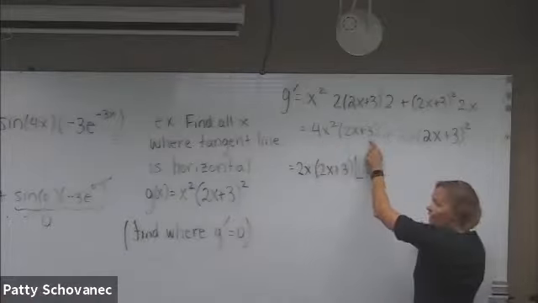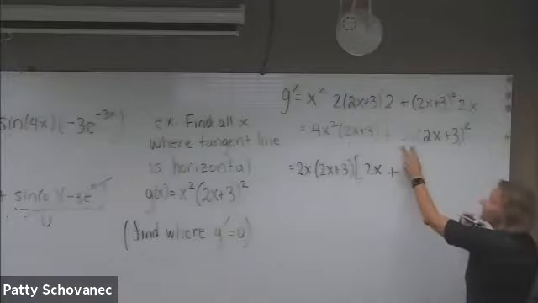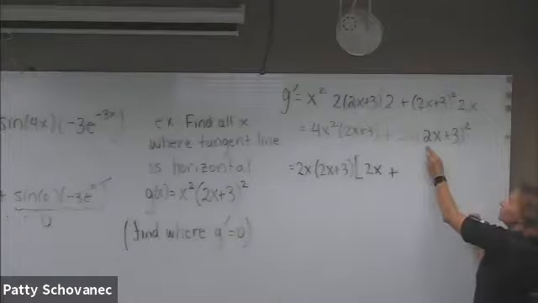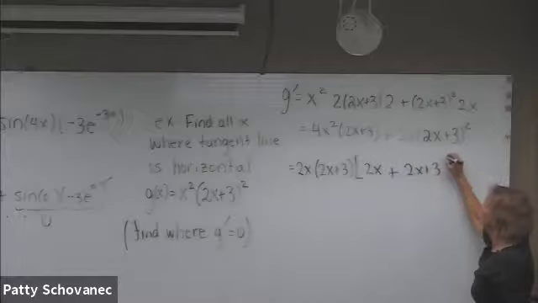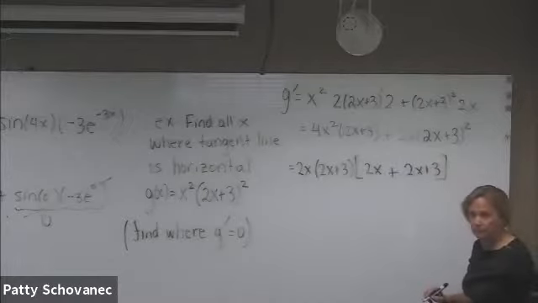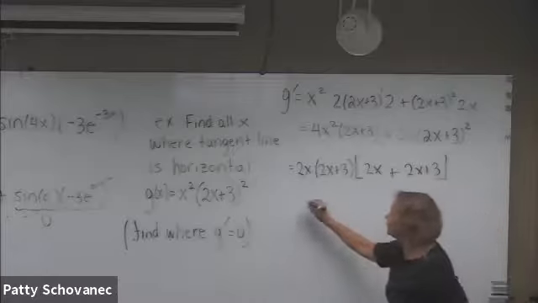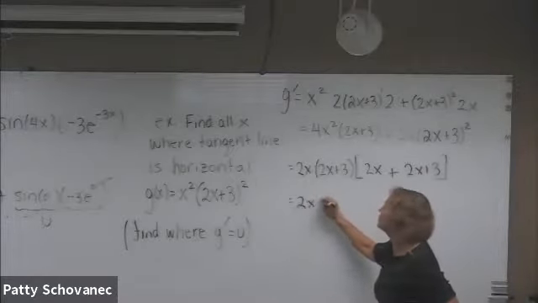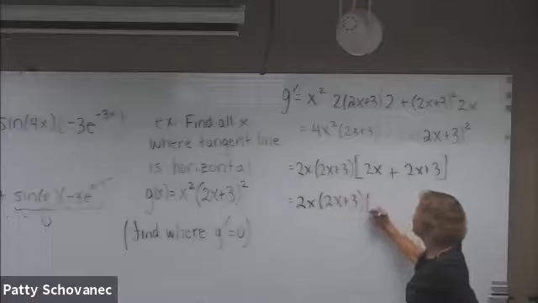And I've already pulled that out. So I'm now at the plus sign. I pulled out the 2x, I pulled one of those out. So I've got a 2x plus 3 left. Okay. So now in the brackets, that adds to 4x plus 3. So I've got 3 factors. There will be 3 places at which the derivative is 0.